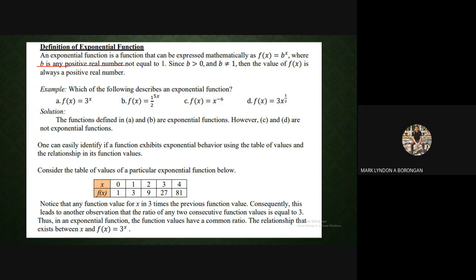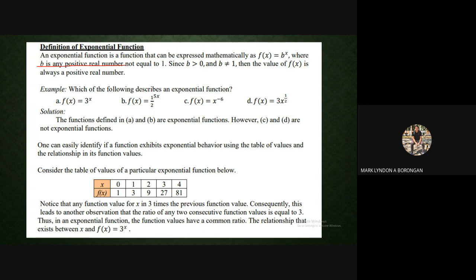One can easily identify whether a function exhibits exponential behavior using a table of values and the relationship in its values. Let us consider the table of values of a particular exponential function below. When x is 0, f of x is equal to 1.